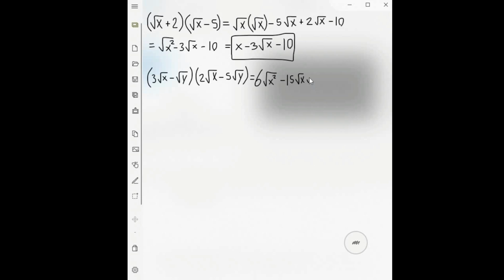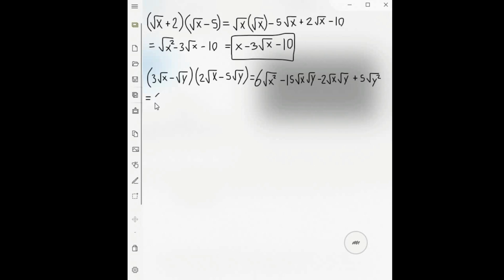And we'll do this so on, like 3 times square root x times minus 5 square root y, minus square root y times 2 times square root x, minus square root y times minus 5 square root y, and we end up with these solutions.